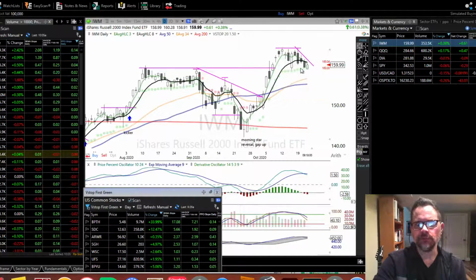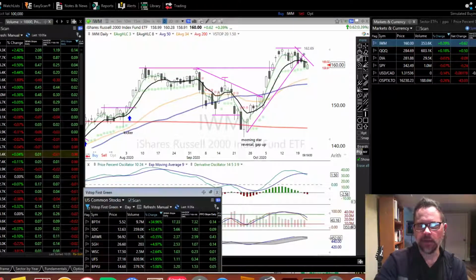with the Russell, you can see that we're in a bit of a downtrend here, just in the short term, and we've dropped below this 8 EMA. So I wouldn't be buying, but we have a lower high down here, and this line here is not specific.